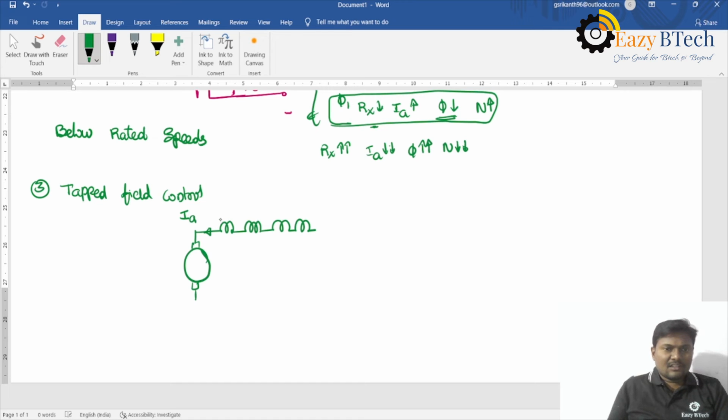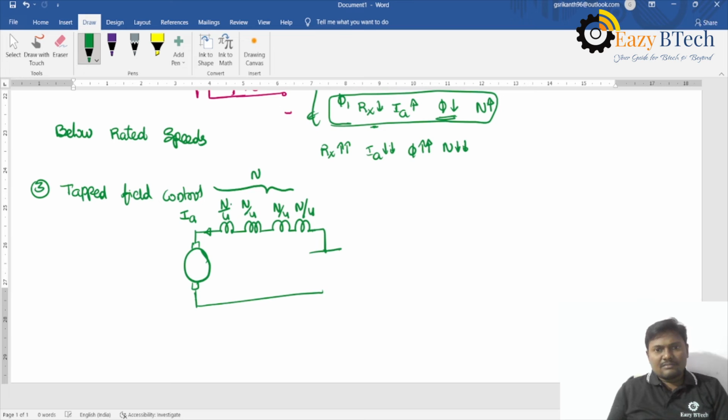The total number of turns is n, divided into 4 equal sections of n by 4 each. I am giving a supply voltage, and here I am providing a switch with first, second, third, and fourth positions.